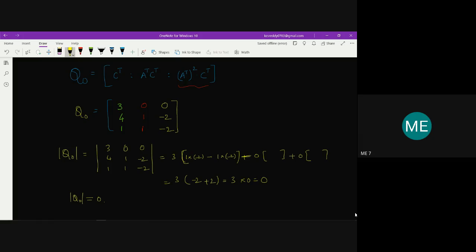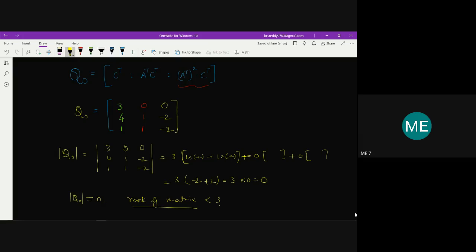So it means that the rank of the matrix, here we can take it as less than 3, because it will not be 3 if the determinant is equal to 0. If it is a non-zero value, then the rank of the matrix is going to be equal to 3. But here the determinant is equal to 0, so the rank of the matrix is not equal to 3.